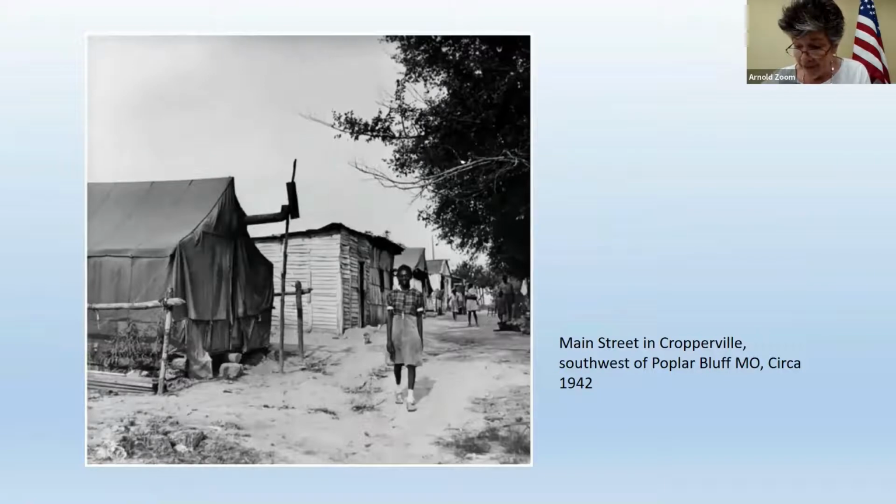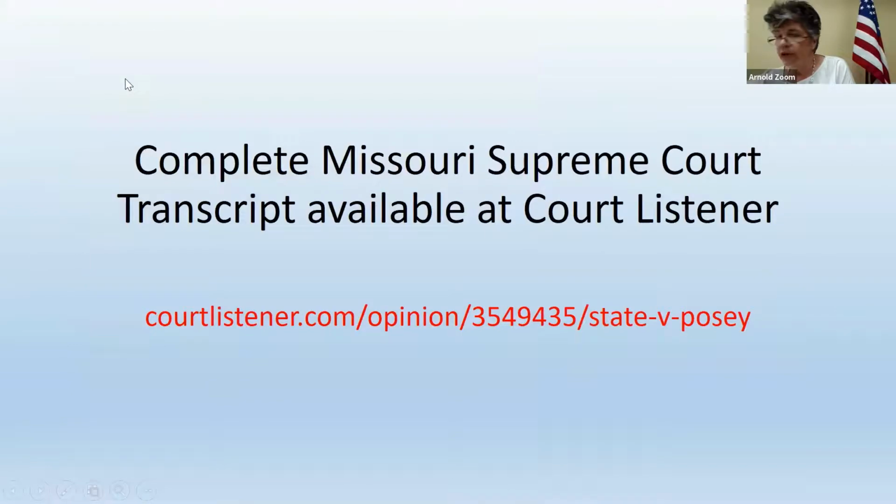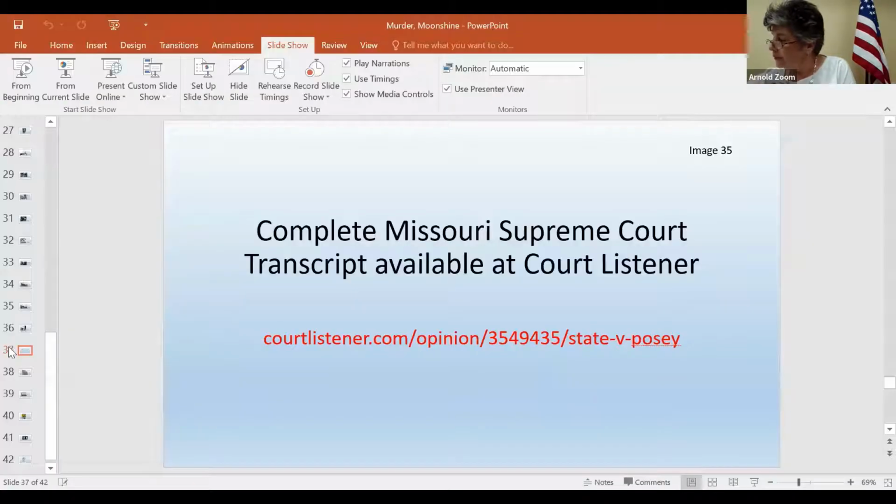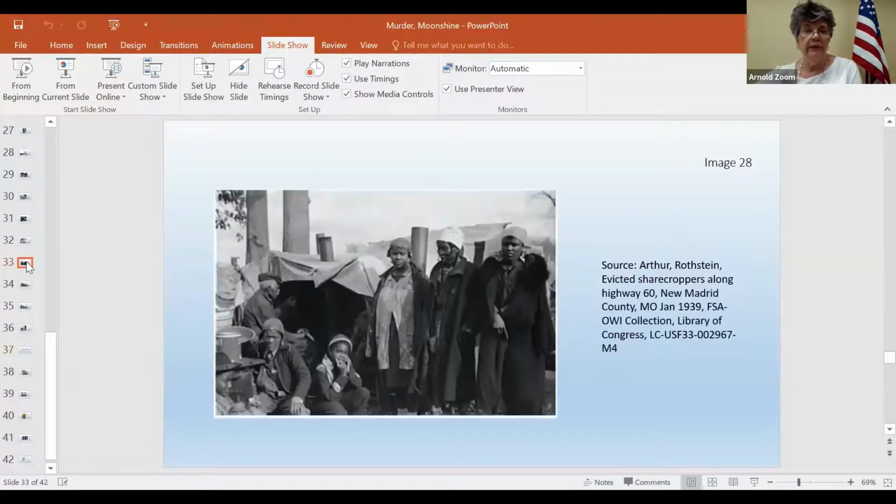Now we have then Governor of Missouri, Lloyd Stark, in a panic. If you'll go back to slide 33 for a moment. Yeah, let's just leave it there for just a minute. So Lloyd Stark is in a panic.